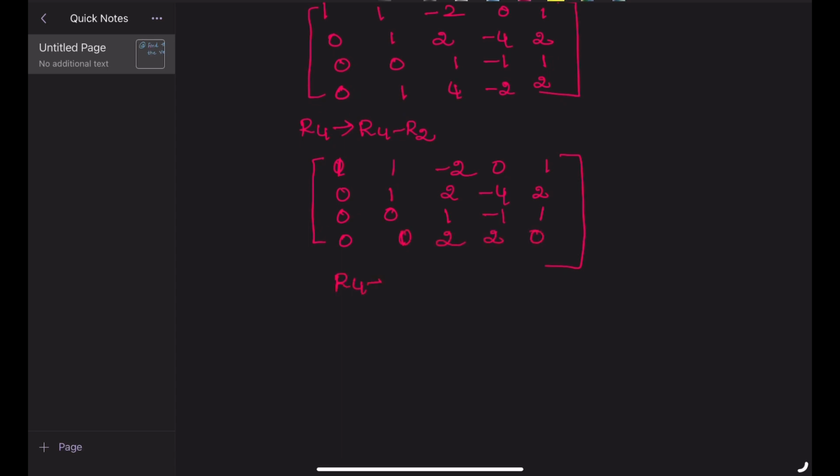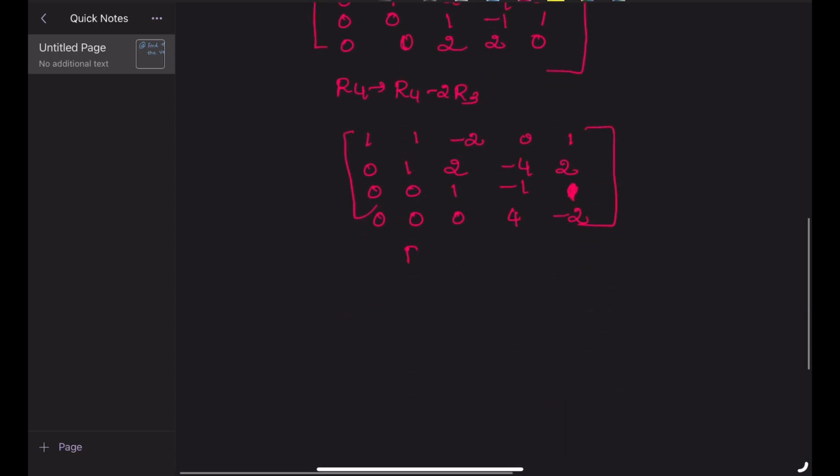All right, so let's change row 4. Row 4 changes to row 4 minus 2 times row 3. So I'll get the matrix as 1, 1, -2, 0, 1. The first three rows remain the same, then 0, 0, 1, -1, 1. The last row is 0, 0, 0, 4, and 2, -2.